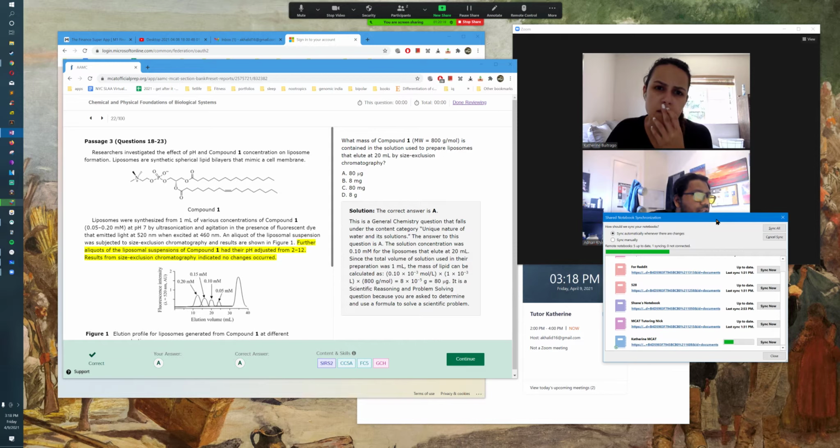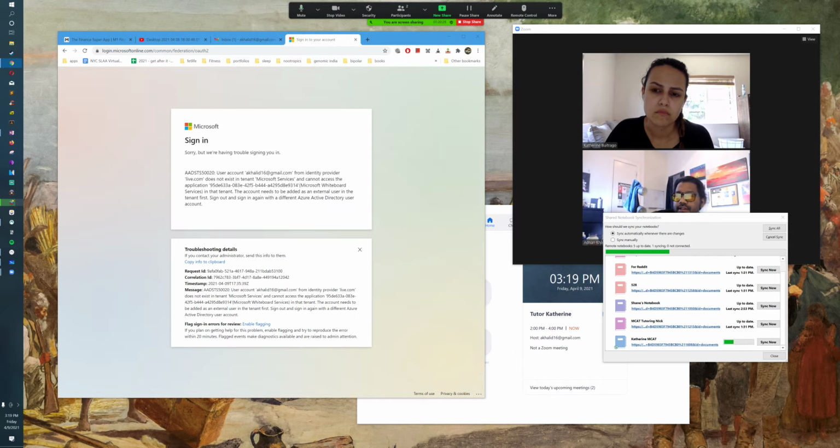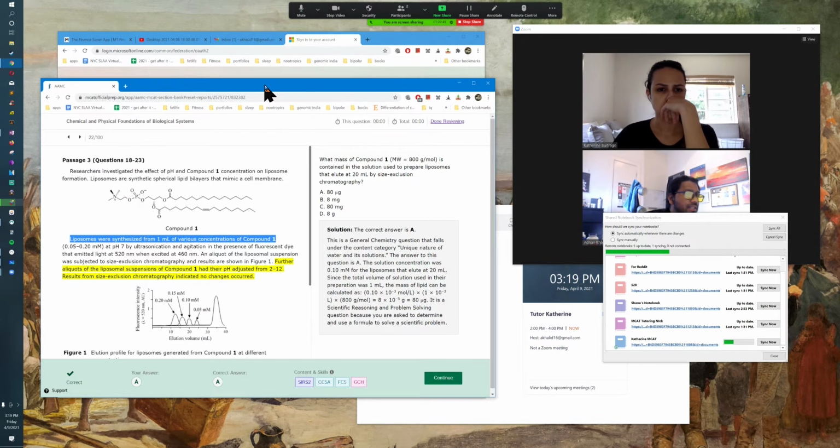Because all the answers are in... What mass of this is contained? Oh, I see what I did. Liposomes were synthesized from 1 ml of compound 1. So 1 ml of that is compound 1. So we're not using the 20 ml. Yeah, 1 ml is what we use.